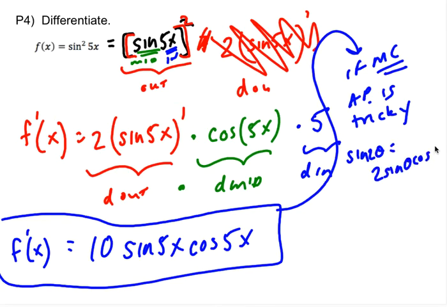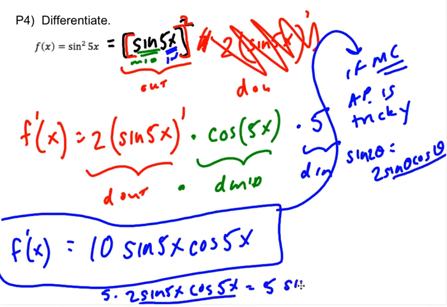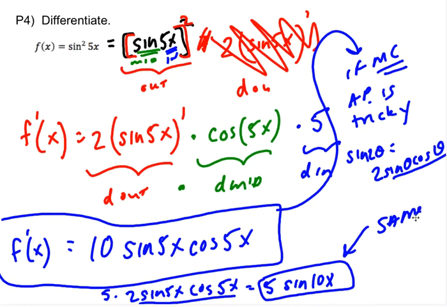So if they really wanted to mess with you here, they could rewrite this as a 5 times a 2 sine of 5x cosine of 5x. They could just make it like that. And notice that this pattern is the same as this. So they could rewrite this as a 5 times the sine of 10x. And that would be another possible answer. This is the same answer, but it's simplified using trig identities.